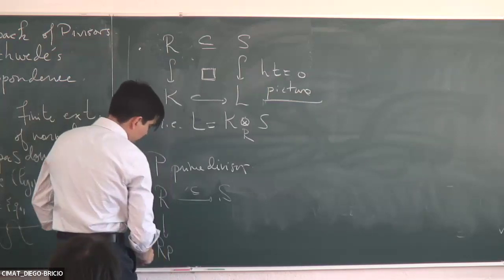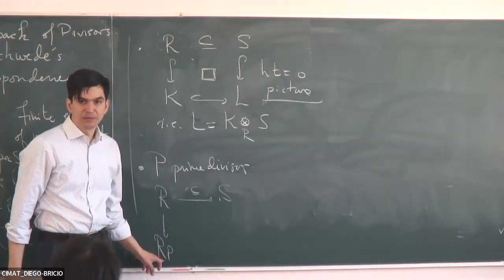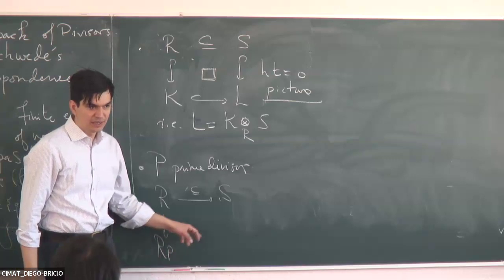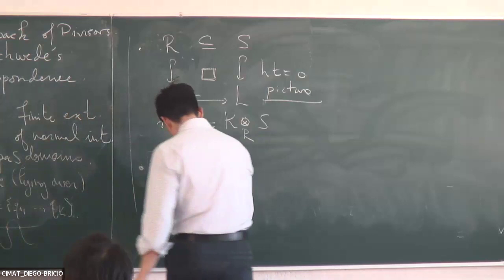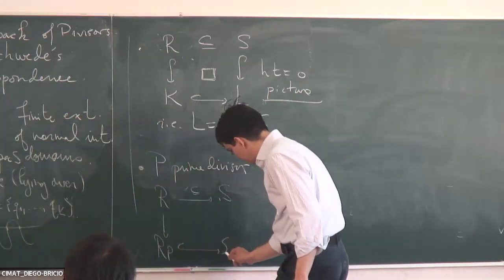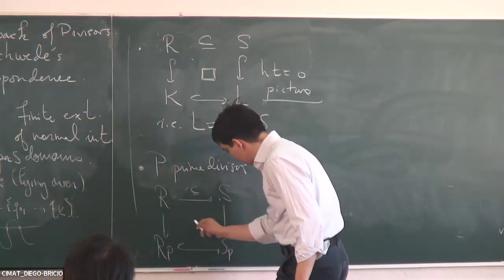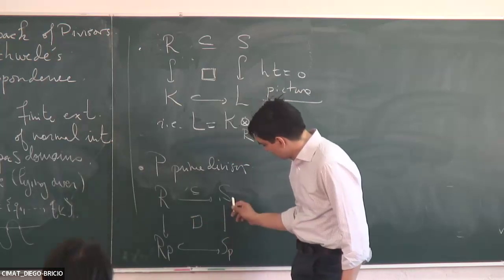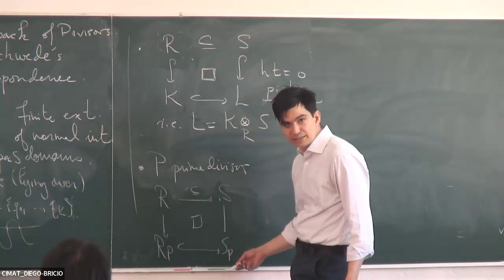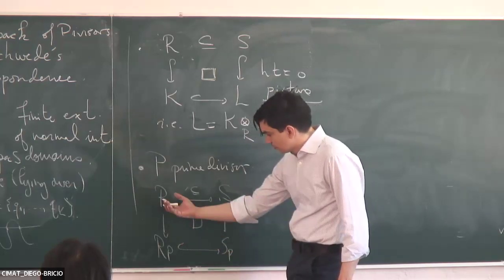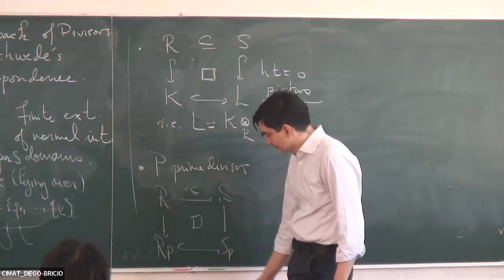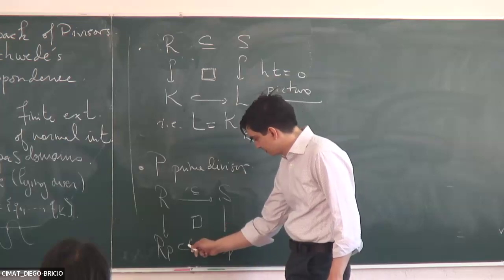Remember the notation: I write R_P for the localization of R at the height one prime ideal representing P. Here we have the corresponding localization of S at that prime ideal. S is an R-module, so I can localize at every multiplicative closed set of R. So we get that this is finite.